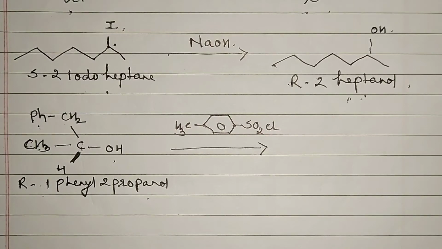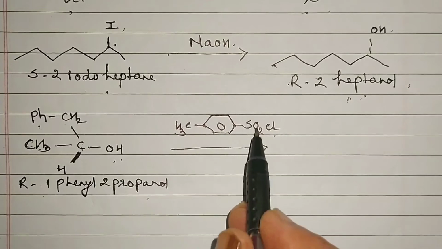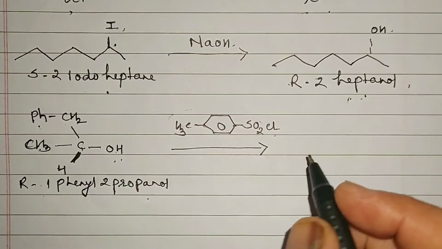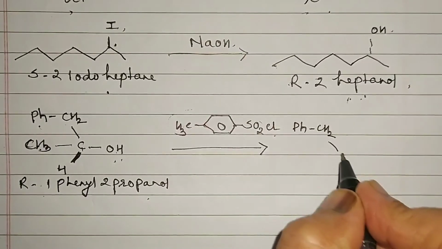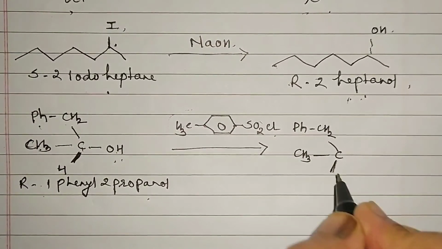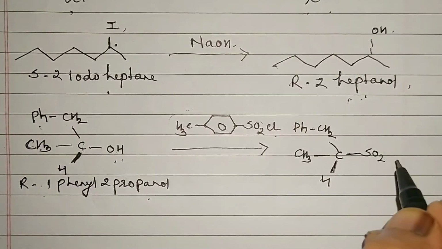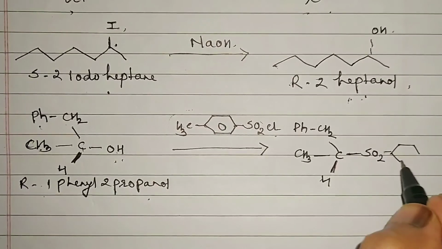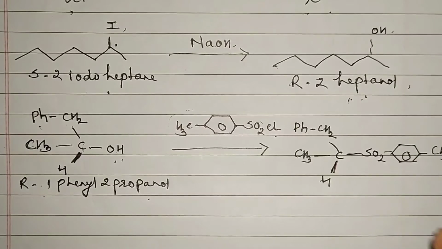When this reaction occurs, this H and Cl form HCl and this fragment attaches here and we get a compound like this: Ph, CH2, C, CH3, H, O, SO2 and CH3.